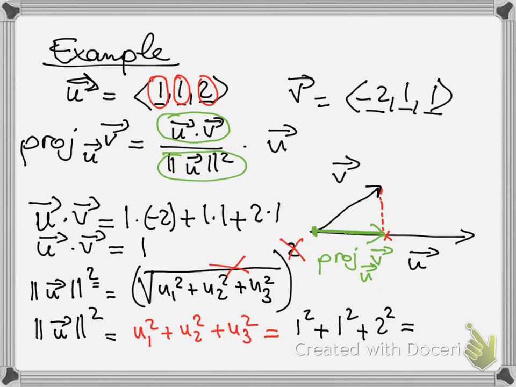That's 1 plus 1 plus 4, which is equal to 6. So the length of u square is equal to 6.